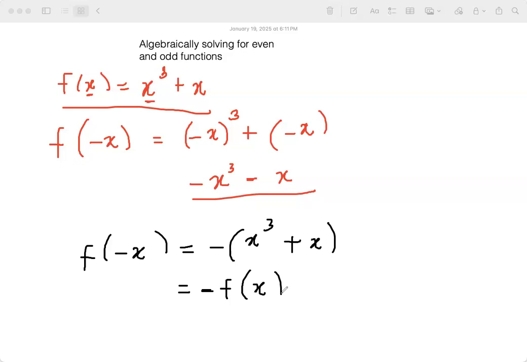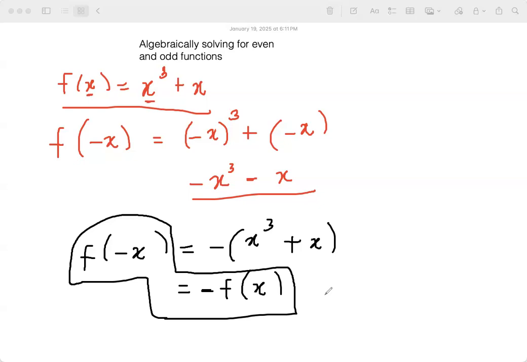Who did not follow? Please raise your hand using the raise hand button. So when f of negative x equals negative of f of x, the original function, this is called an odd function. Any questions? Parvini, did you understand that? Arya, have they covered this in school?